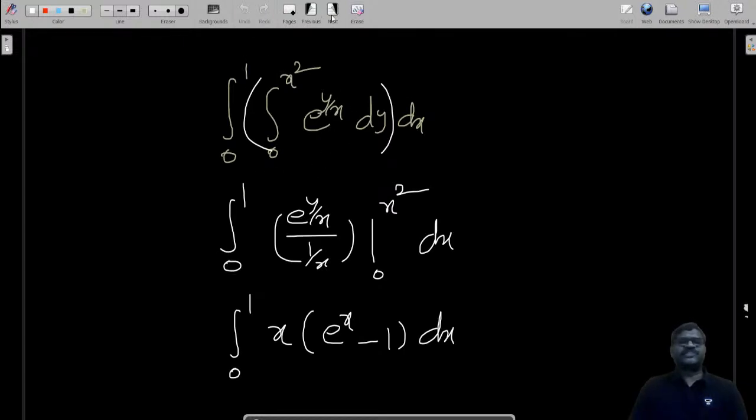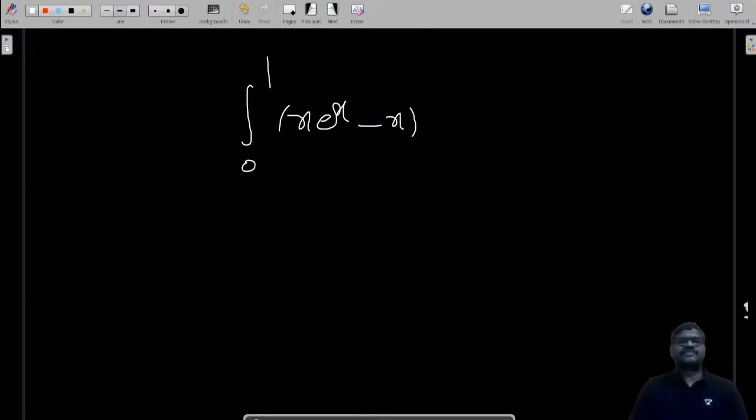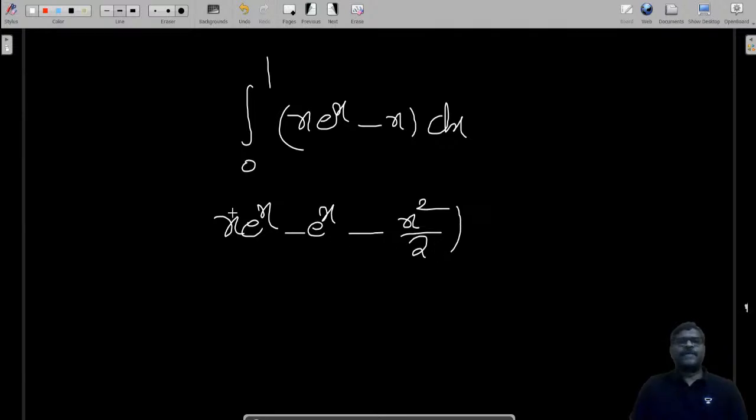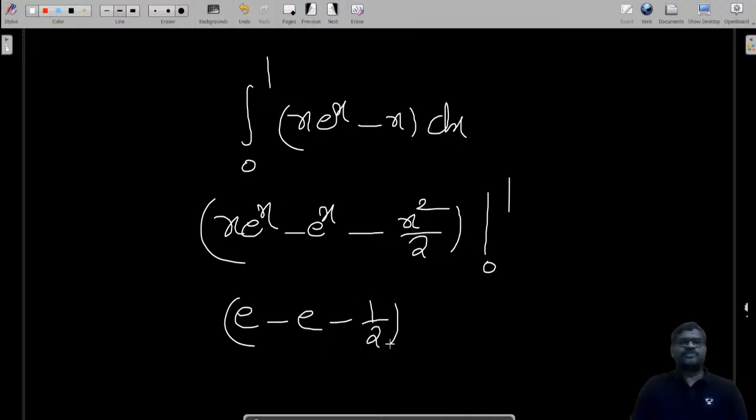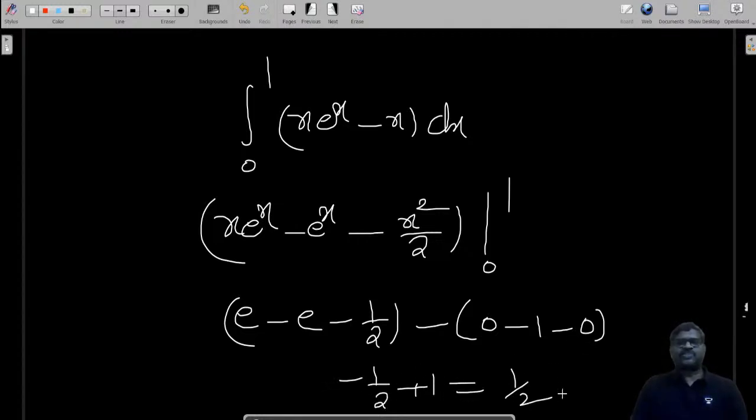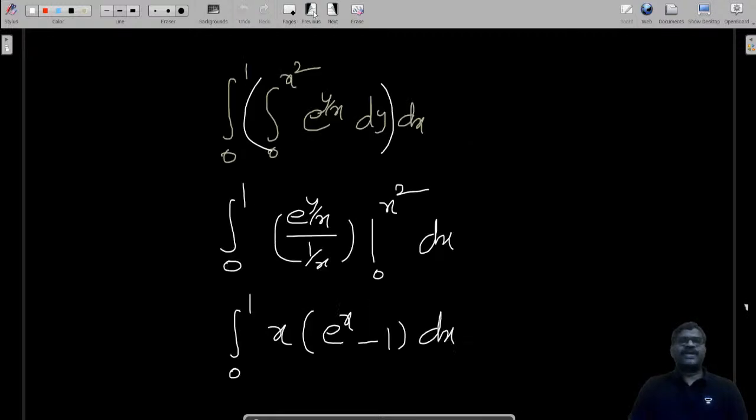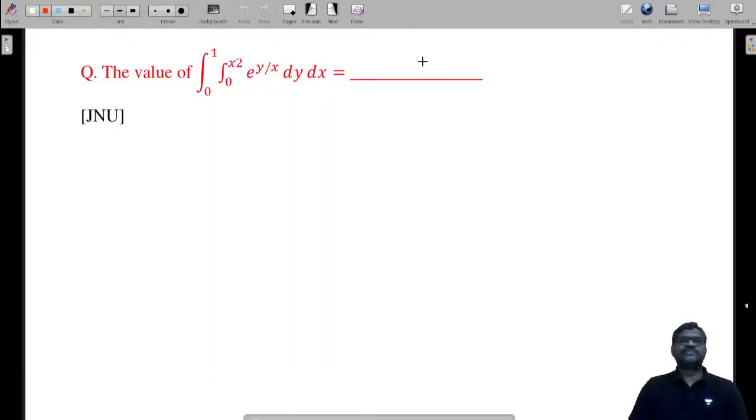That is integral 0 to 1 x e power x minus x dx. X into e power x minus e power x minus x square by 2 from 0 to 1. Applying upper limit, e minus 1 by 2. That is minus 1 by 2 plus 1, 1 by 2. Final answer is 1 by 2.